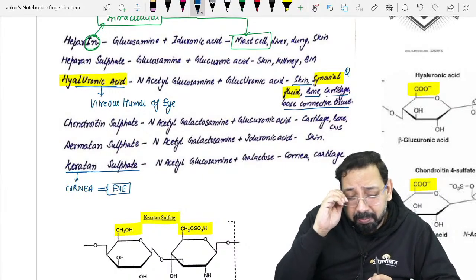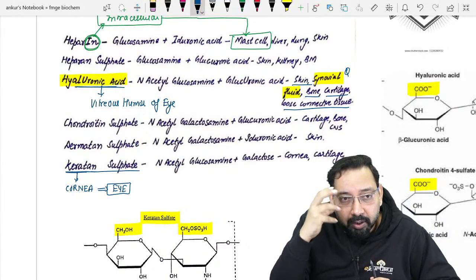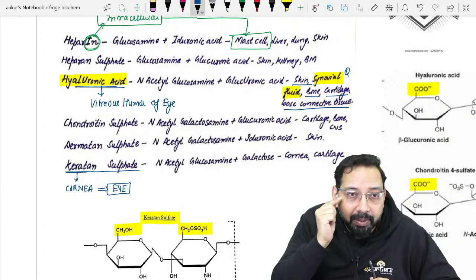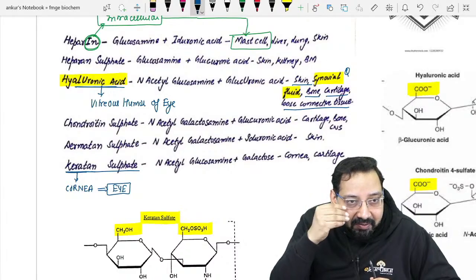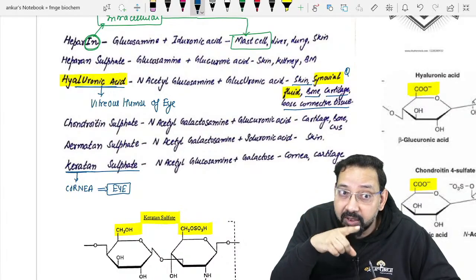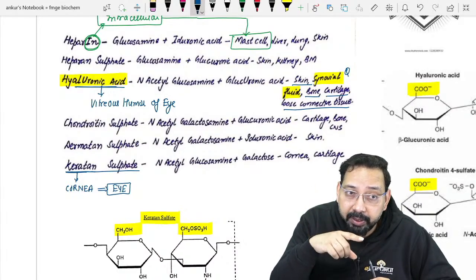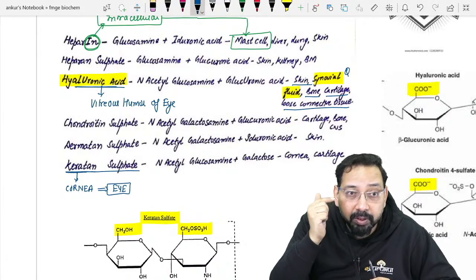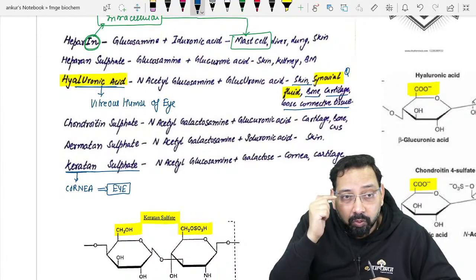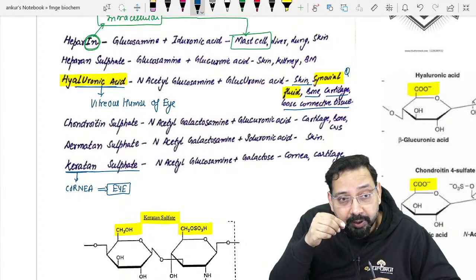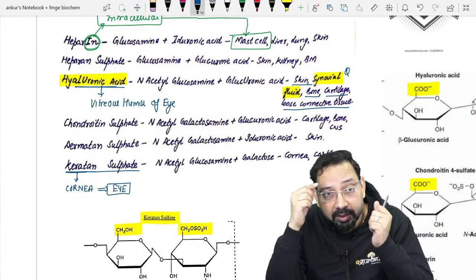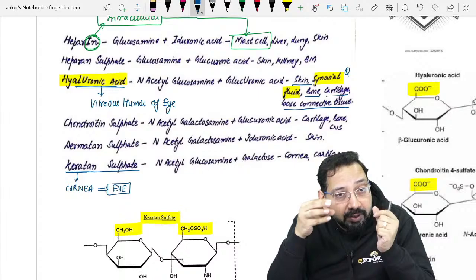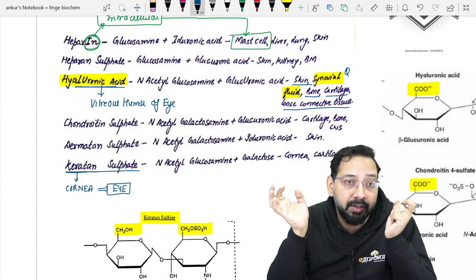So you will be surprised that in our cornea, whatever black area you are seeing, that is the cornea. If you go deeper, the cornea is transparent. That's why you are able to see the pupil and the iris. And you will be surprised that collagen is a protein, and collagen and keratan sulfate are arranged in our cornea in such a way that it is transparent.